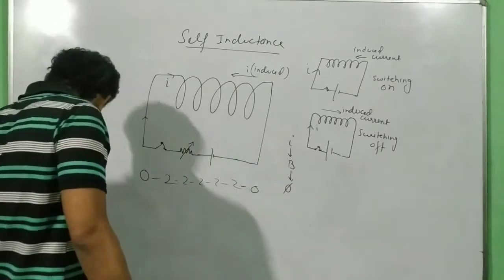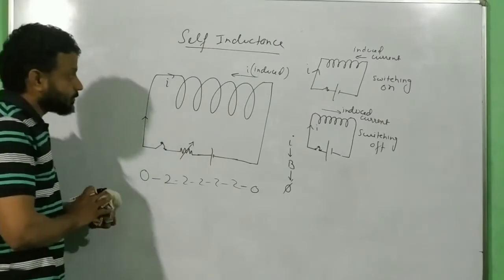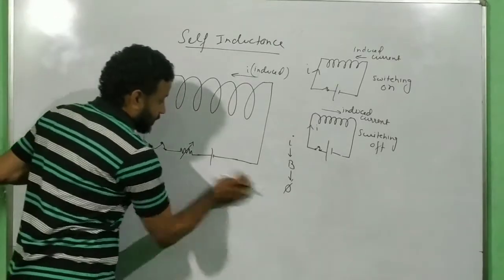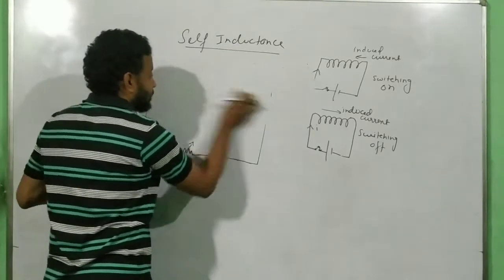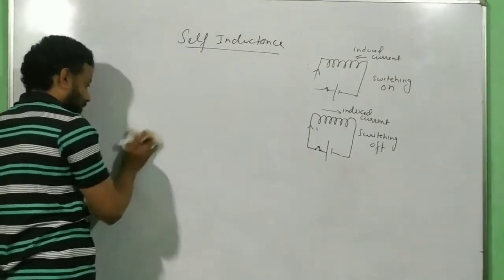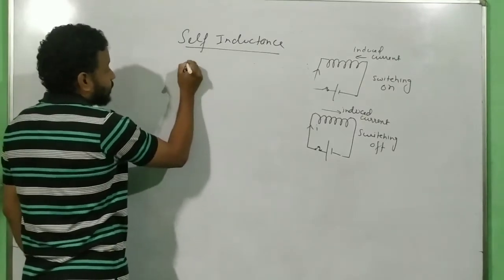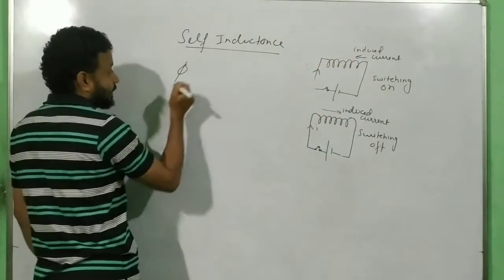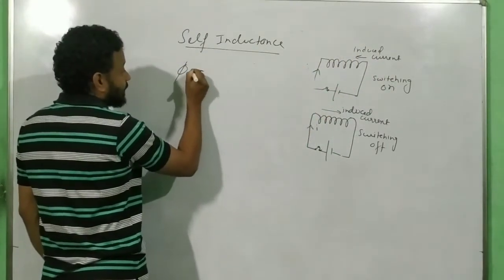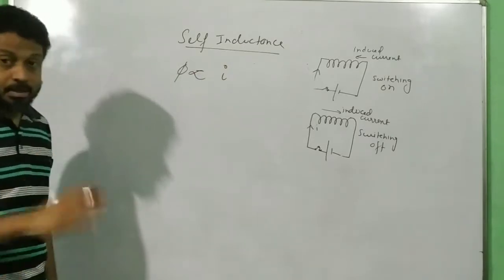Now some expressions which we need to know. The flux which is going to get linked in this coil will be directly proportional to the current flowing in the main circuit, the main current.